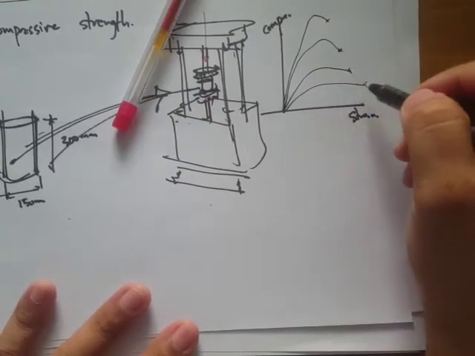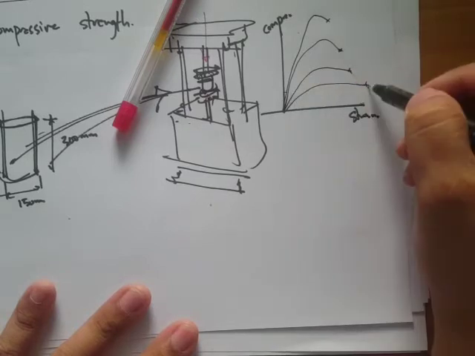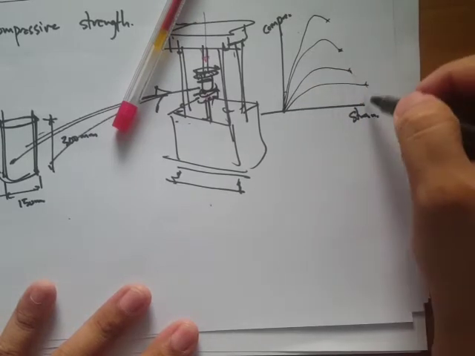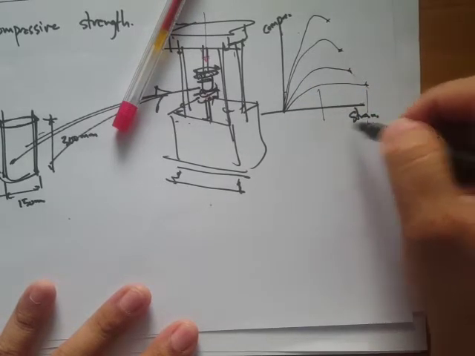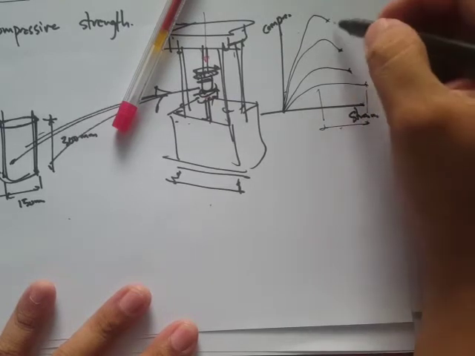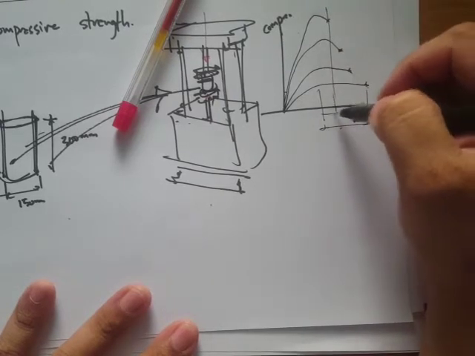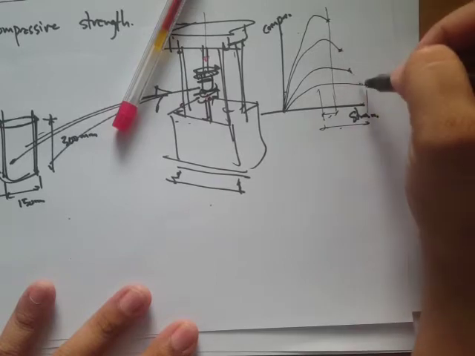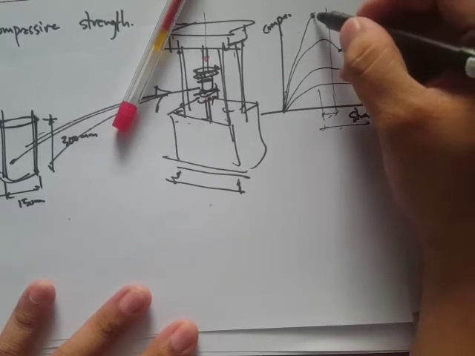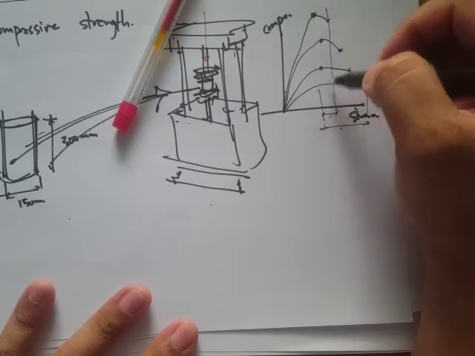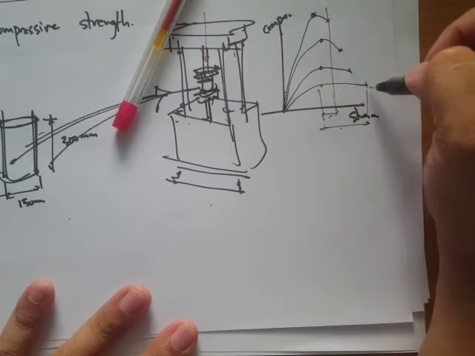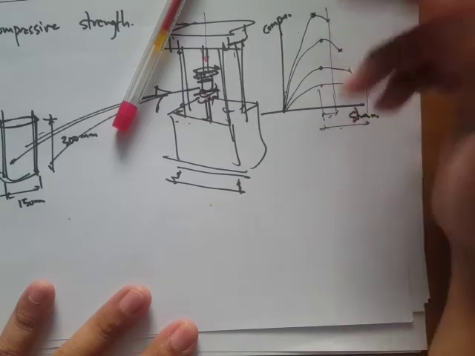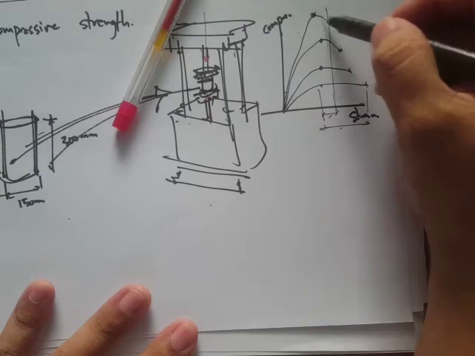For lower grades of concrete, you get more ductility, you can strain more, whereas for higher grades, you can only strain less before it fractures.